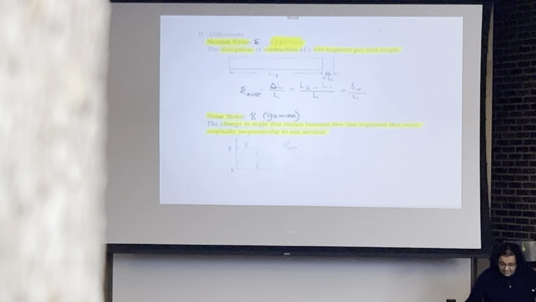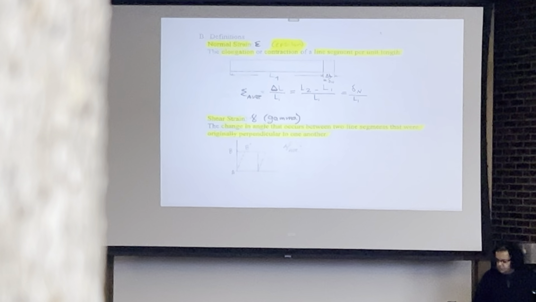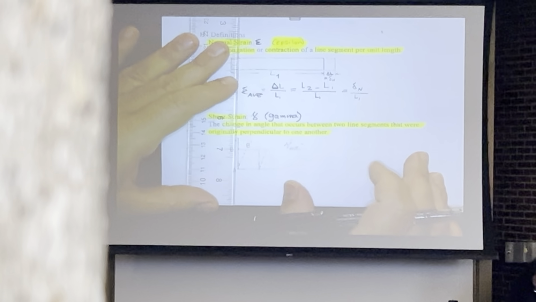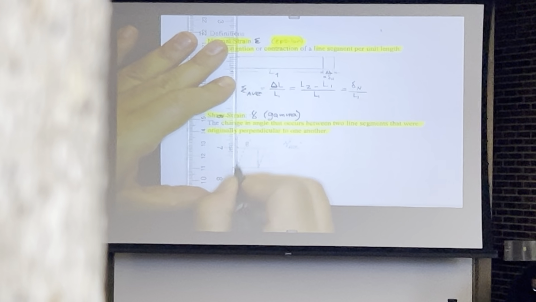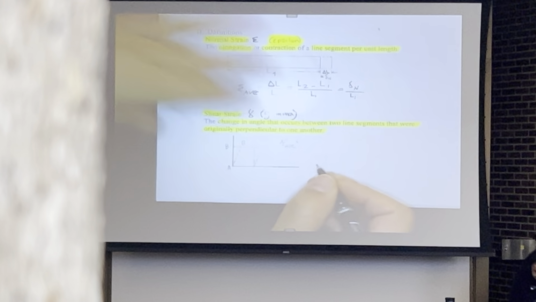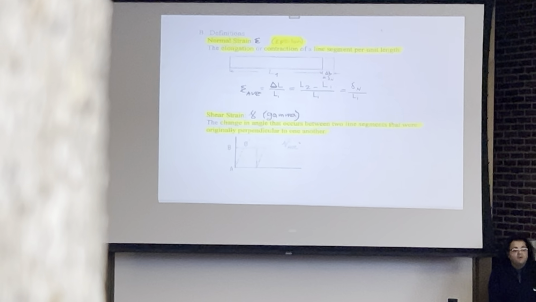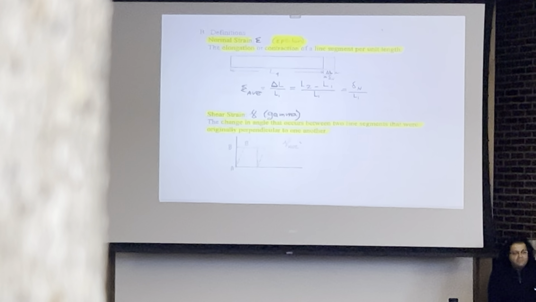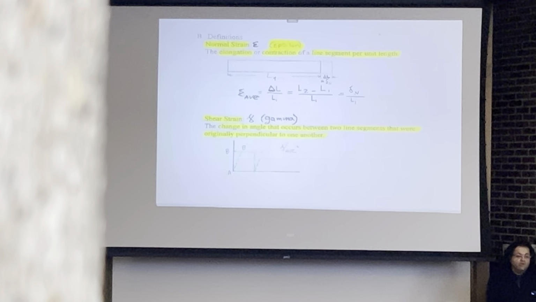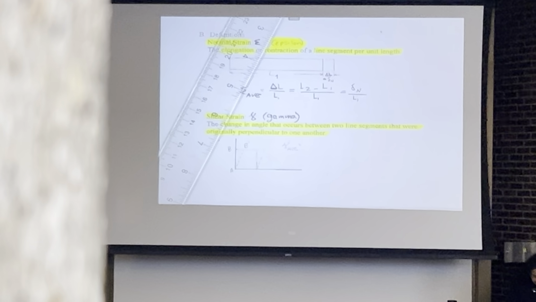So let's assume that at a specific point in a material, I have two line segments, like this segment and this segment. I think you agree that these two segments are originally perpendicular to each other. The angle between these two lines is 90 degrees, but after deformation, the angle changes, and we have a new angle between these two segments.